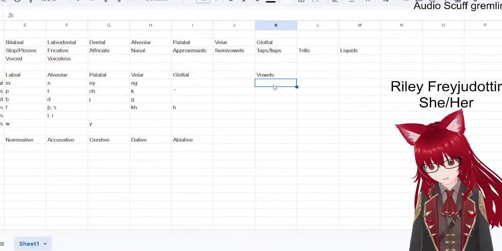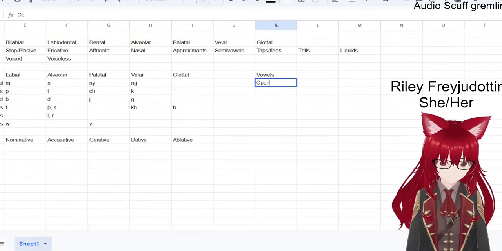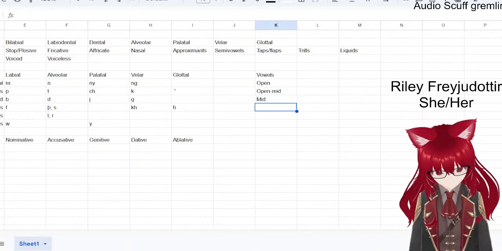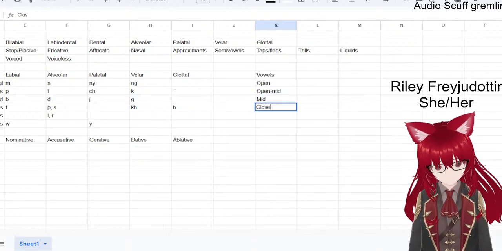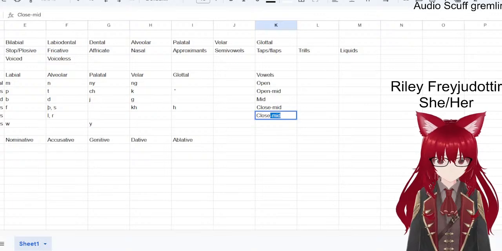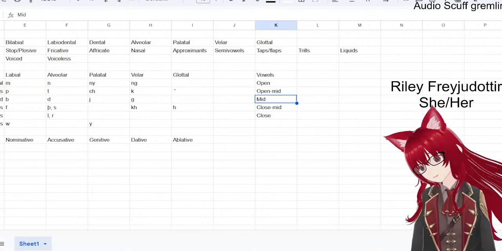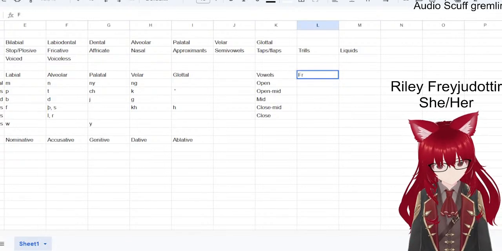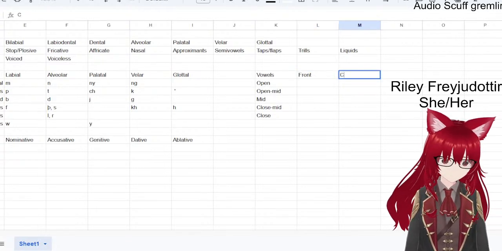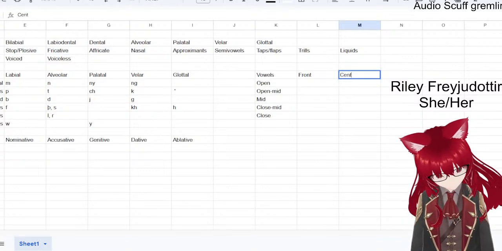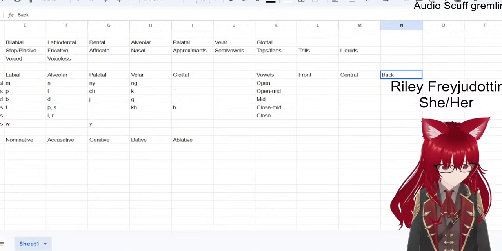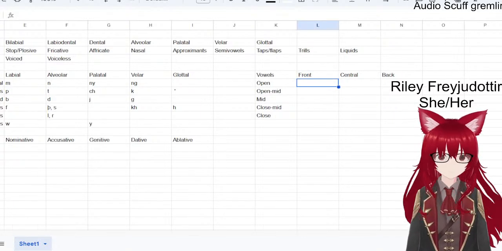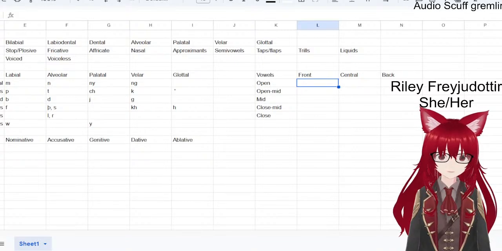There's the open-close spectrum, and that's theoretically supposed to be how much you open your mouth. And then there's the front-back axis, and that's how far to the front versus the back of your mouth your tongue is.